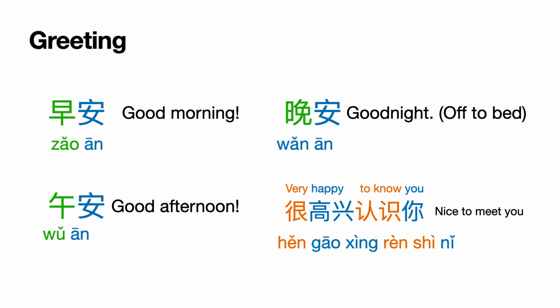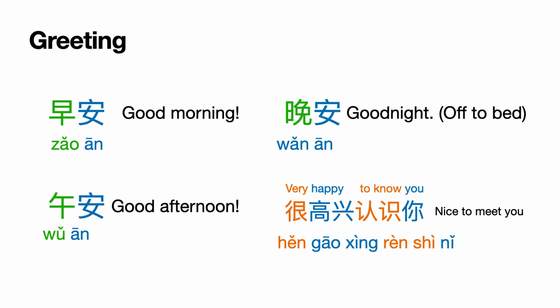So let's start with good morning. 早安. Good afternoon. 午安. And good night. 晚安. Remember that you use 晚安 before you go to bed. So in the evening, you don't use 晚安, you could just say 你好.